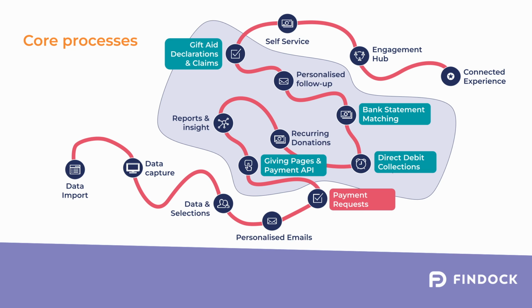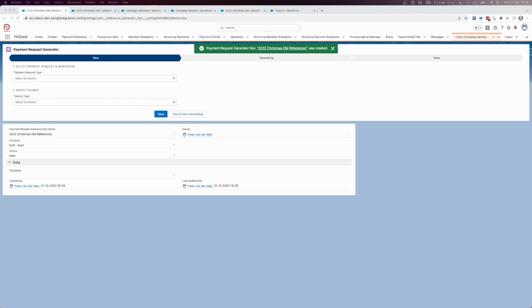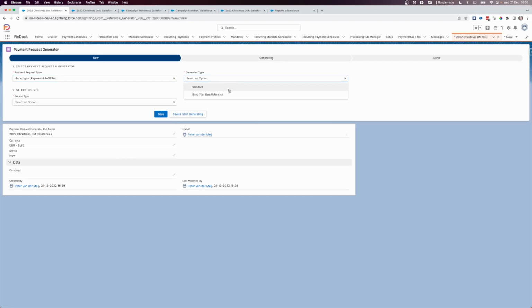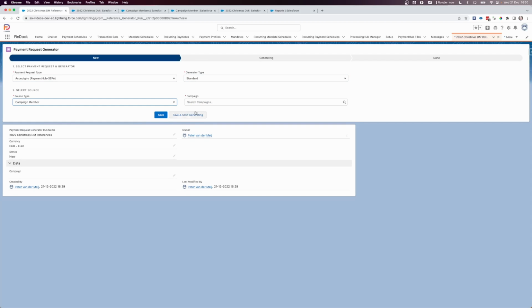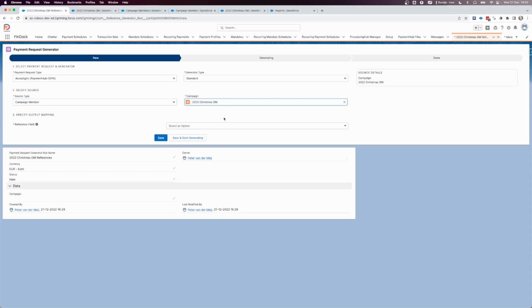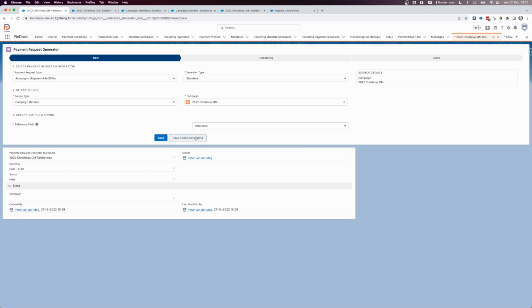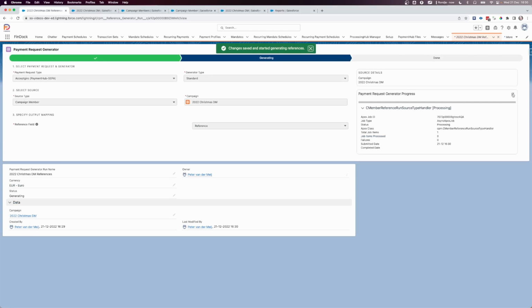Let's start with payment request handling. So whether it's sending out invoices with unique references or a direct mail with a fundraising ask attached, many organizations will have a need to generate codes and stamp individual campaigns, campaign members, or even custom objects with valid payment references matching their local payment schemes.